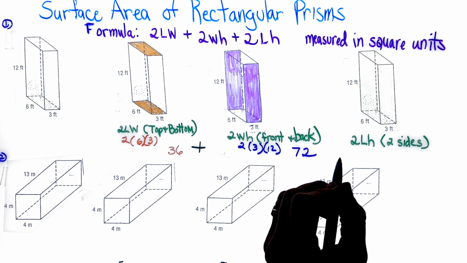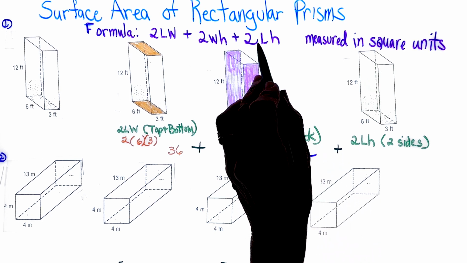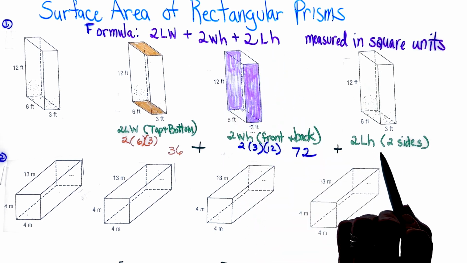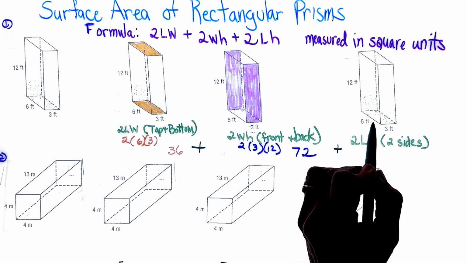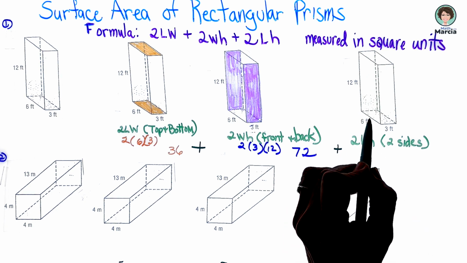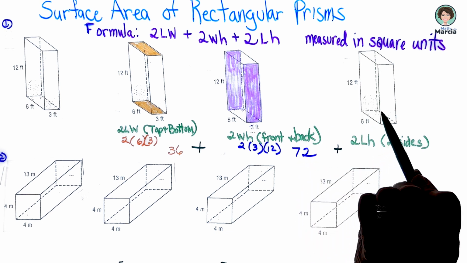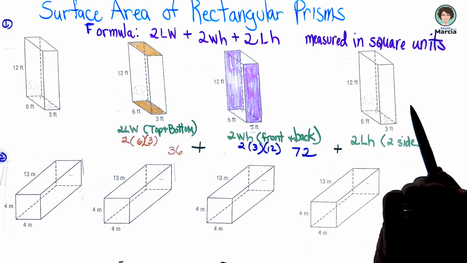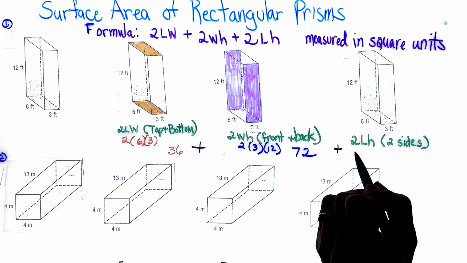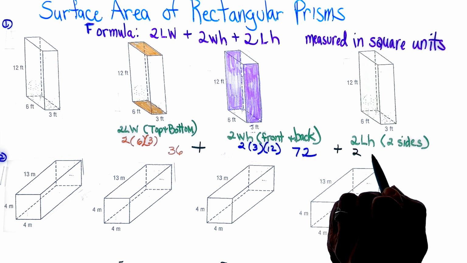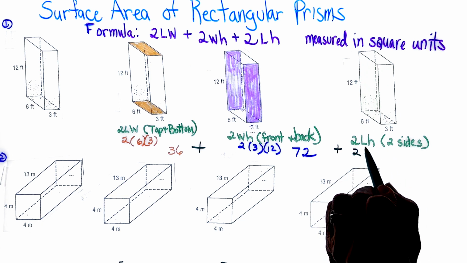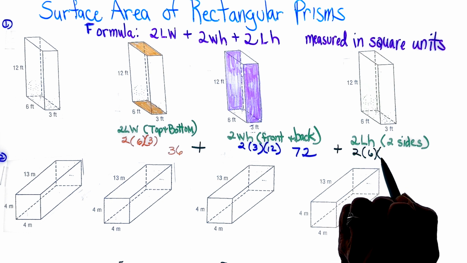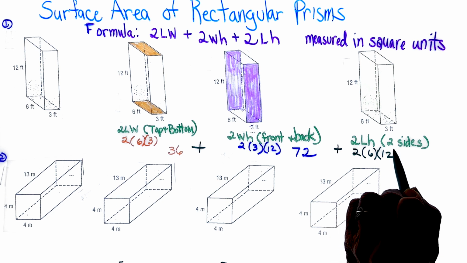Okay, and for the last part of it, it's 2 times the length times the height. So the length, again, we see that we have a 6 here, and the height is a 12, and it's kind of like the 2 sides of your prism. So it's 2 times the length, 6, and the height is 12.